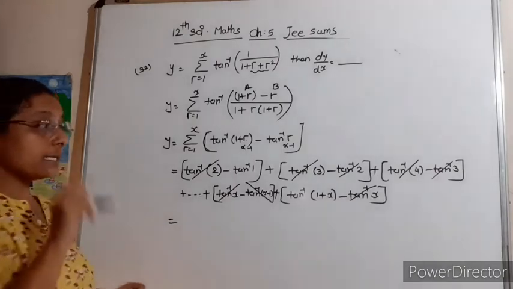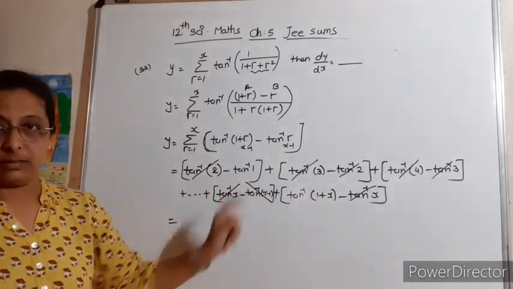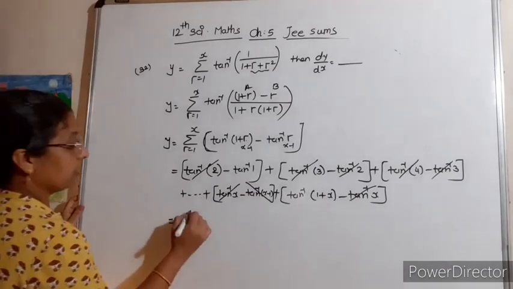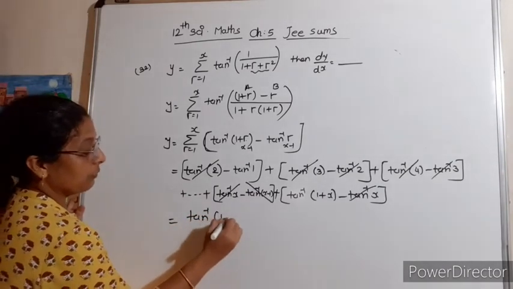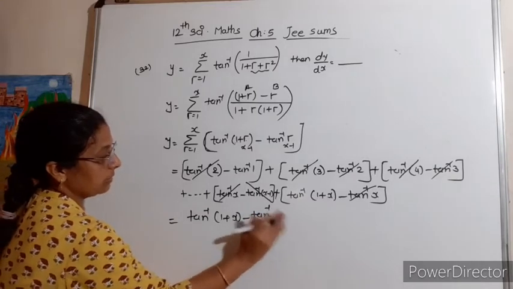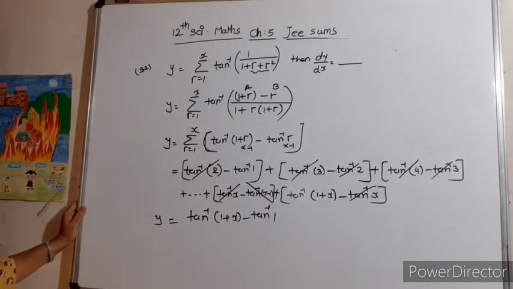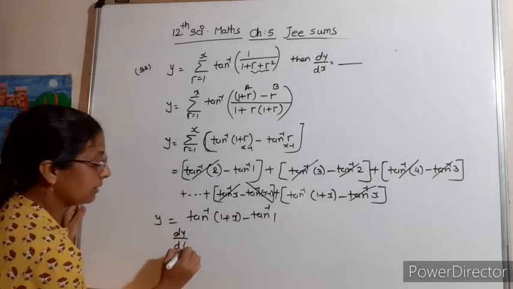That is what is remaining? Only two term is remaining which is not cancelled. So that is equal to tan inverse (1 plus x) minus tan inverse 1. ये दोनों टर्म कैंसल नहीं होगी. You understand that? Okay.